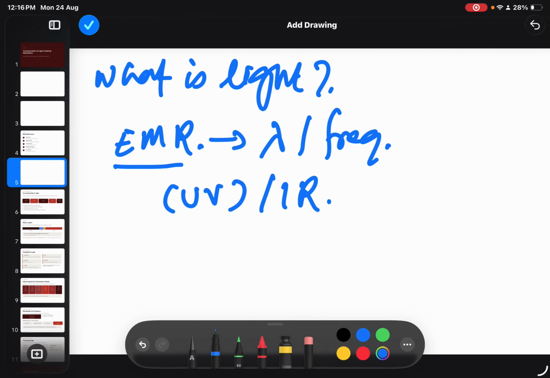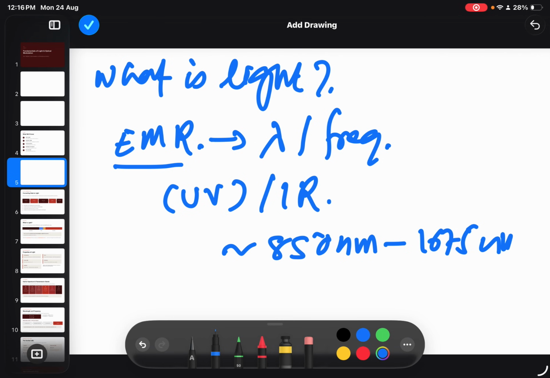Now what we use for optical communication approximately ranges from 850 nanometer to 1675 nanometer. So the wavelength range is between this range. Now I have a slide that explains that.